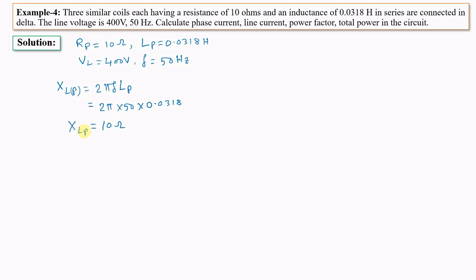So inductive reactance per phase will be equal to 10 ohms. Then the impedance per phase is square root of R square plus XL square. So it will be square root of 10 square plus 10 square. And after solving, the value will be 14.14 ohms.